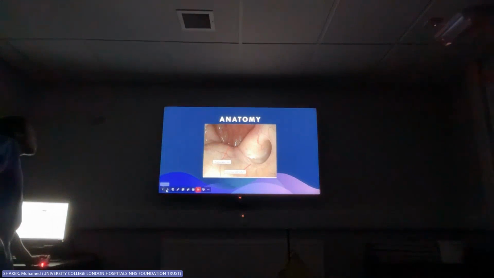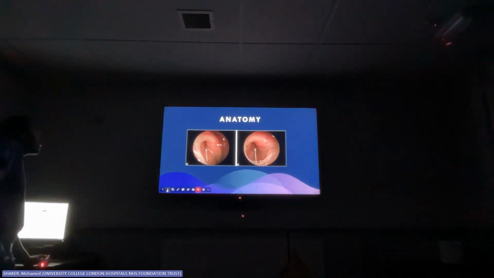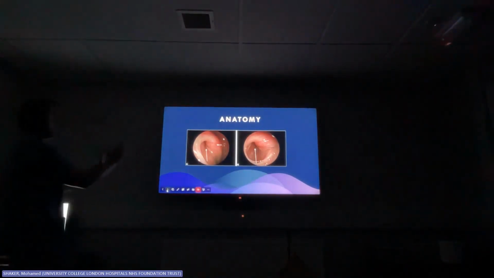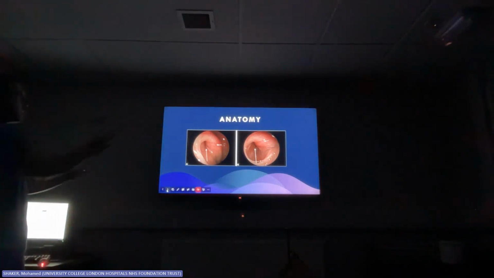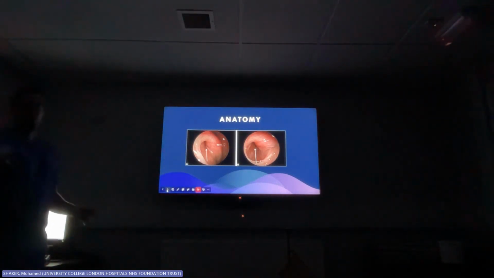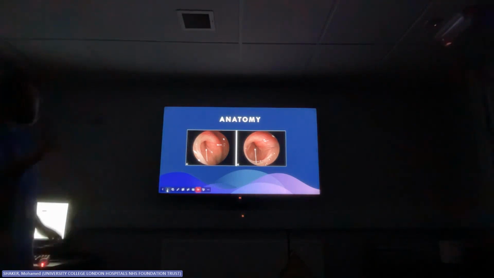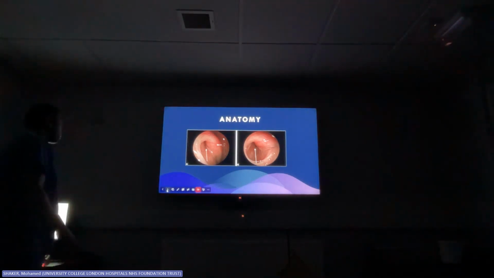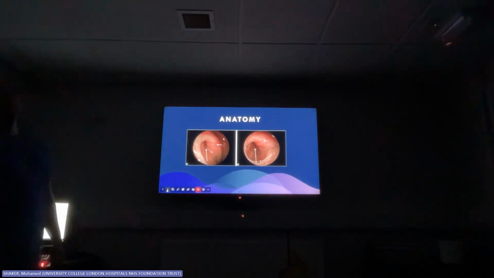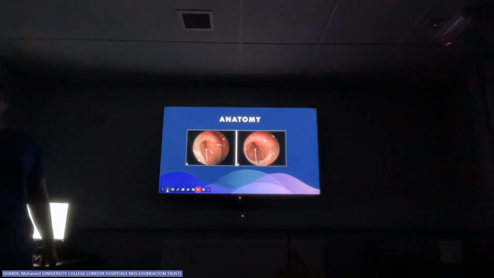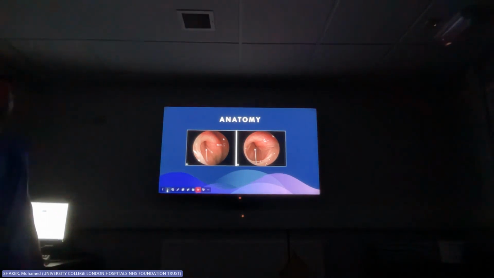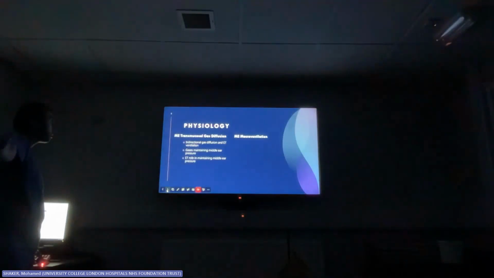So we move into the physiology part. This is a picture of the Eustachian tube when it's closed and when it's open. The bony part doesn't move. It's only the cartilaginous part which moves. We said we need the levator palatini and tensor palatini. You also have the salpingopharyngeus muscle related to the Eustachian tube, and the tensor tympani muscle close to the Eustachian tube.